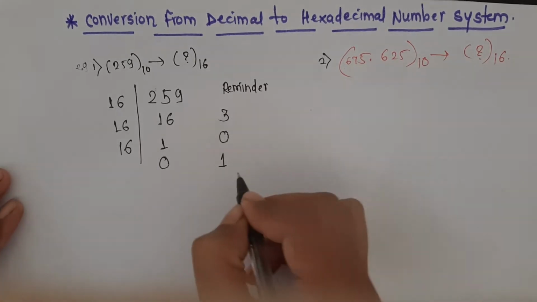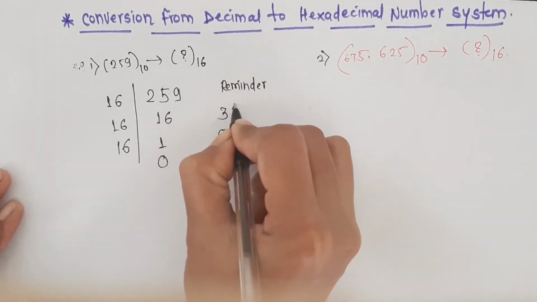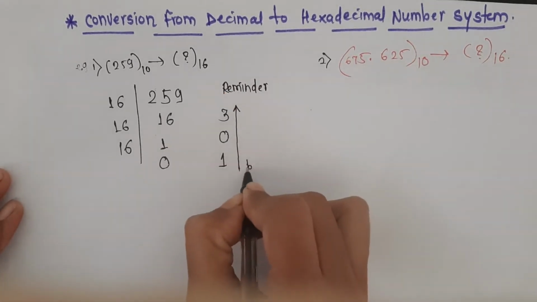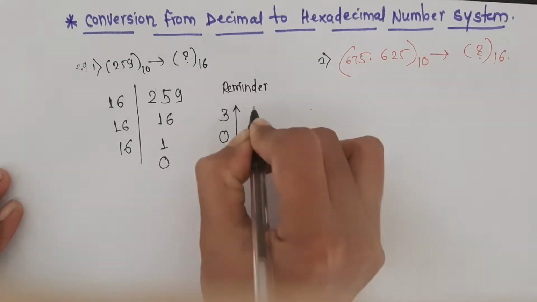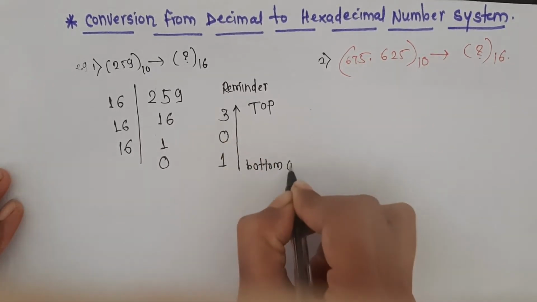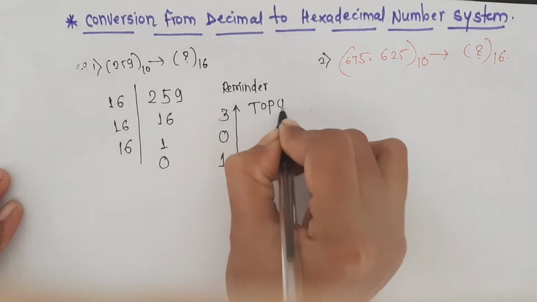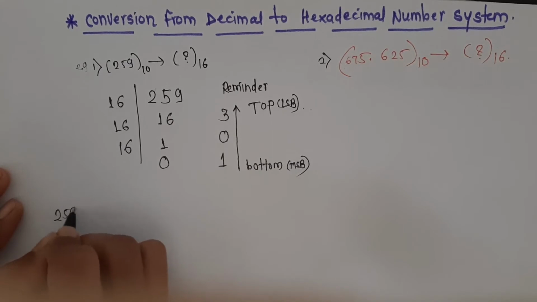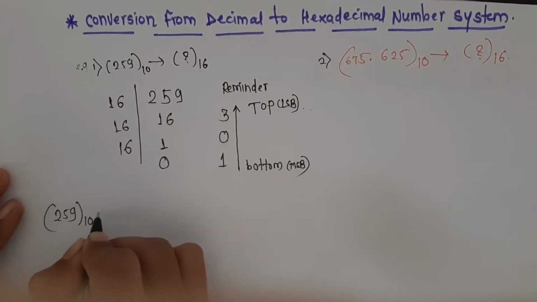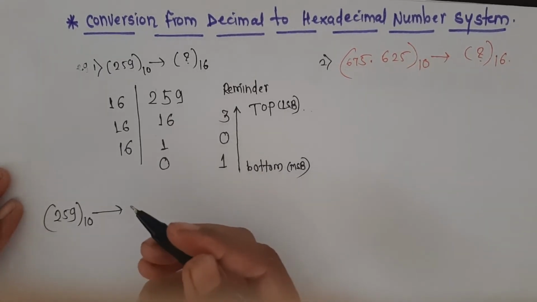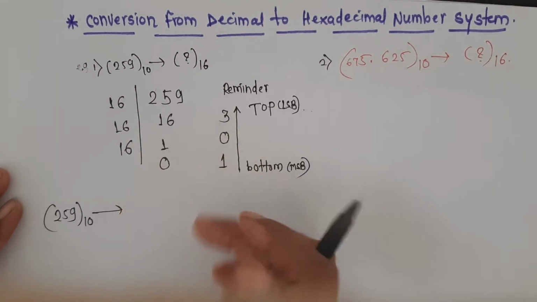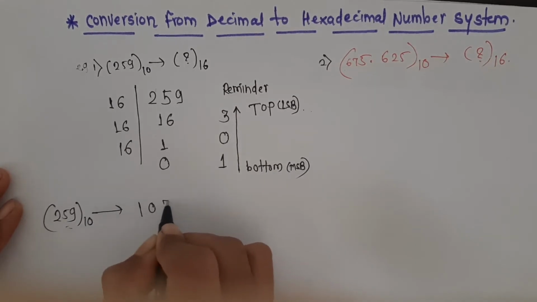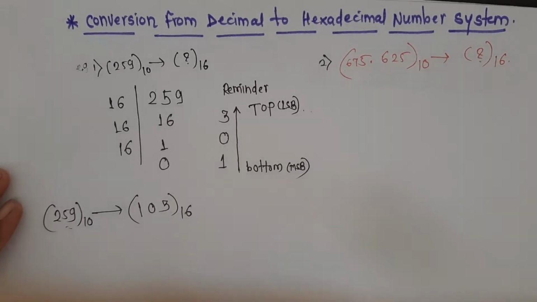The same method applies for writing the answer: the answer is nothing but the remainders, from bottom to top. This is the most significant bit and this is the least significant bit. So 259 to the base 10 gets converted into 103 to the base 16.